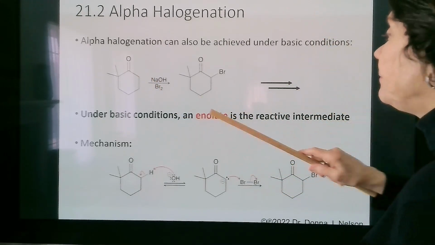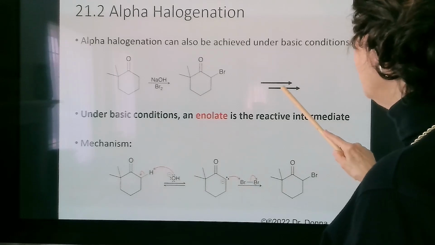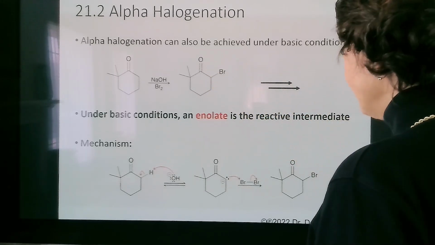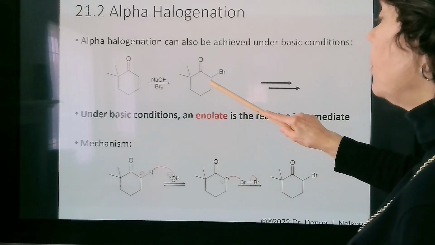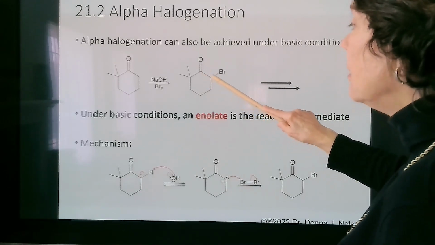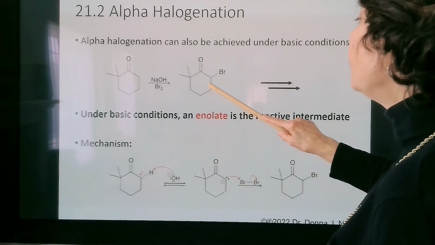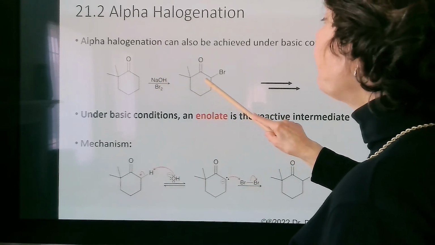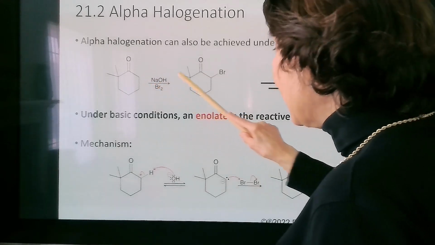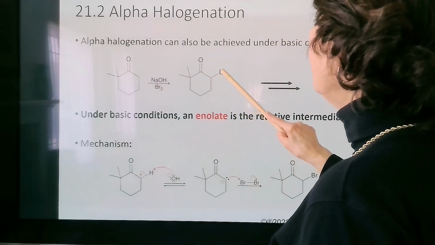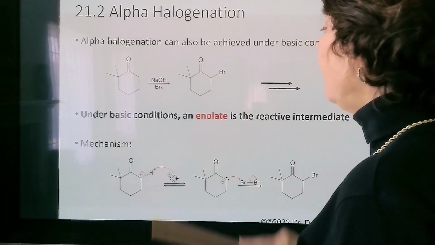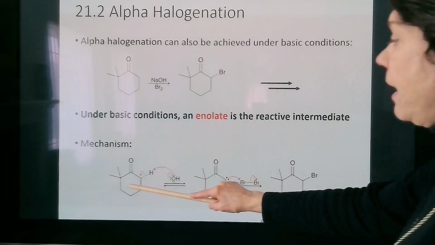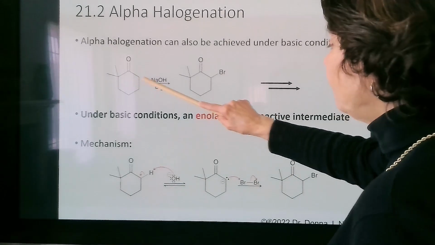And I put in a couple of extra arrows because you're going to see this product taken further in subsequent slides. So you might want to remember how this was generated. So you have simply brominated at the alpha position by going through the enolate, and then the enolate attacking the bromine. And so this mechanism is for this reaction.